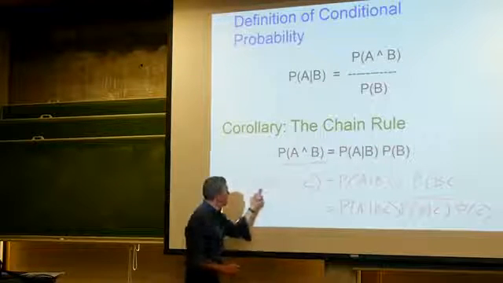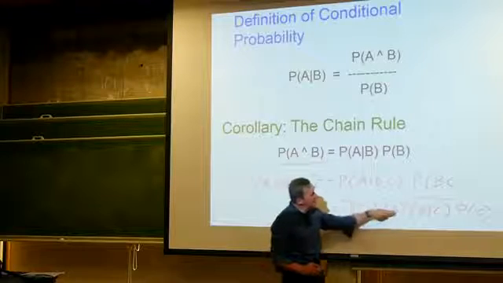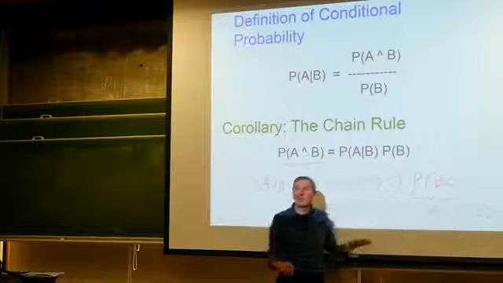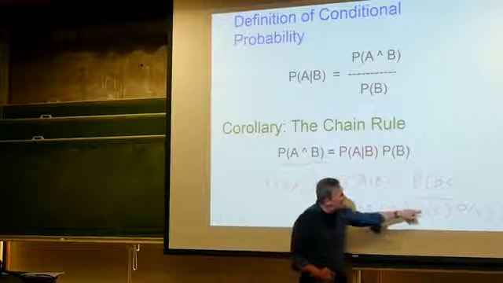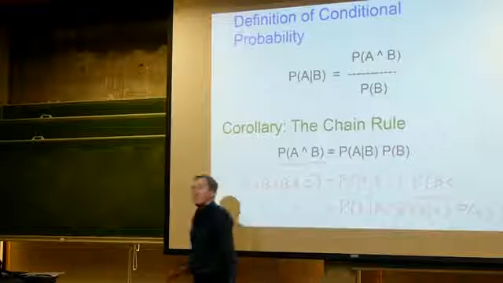If I have a conjunction of n of these, I can factor it into n terms, each of which peels off one of those variables to put it on the left side.